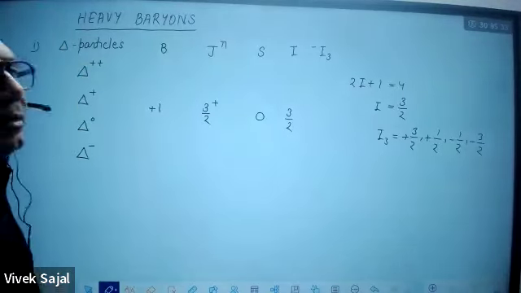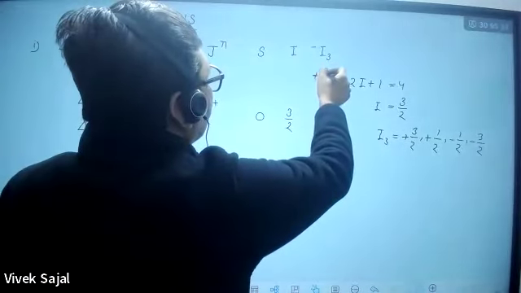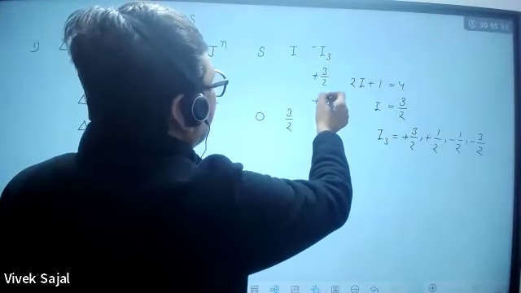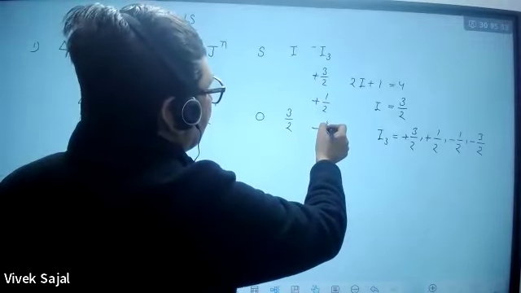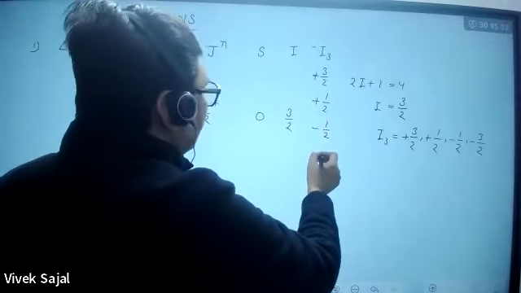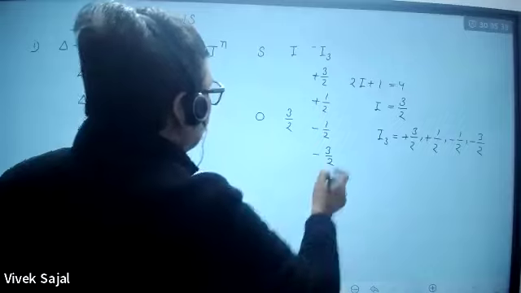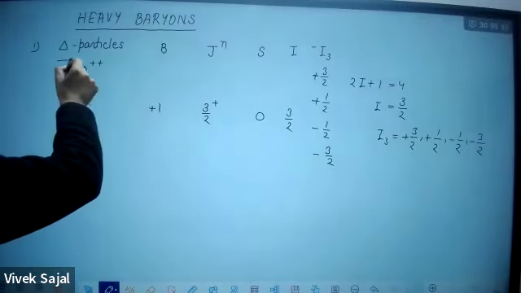Highest charge is carried by delta plus plus, so this is going to have plus 3 by 2. Delta plus will have plus 1 by 2. Delta naught will have minus 1 by 2. And delta minus, having lowest charge, will have lowest value of I3.